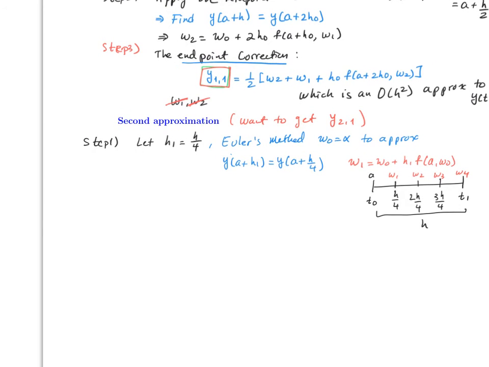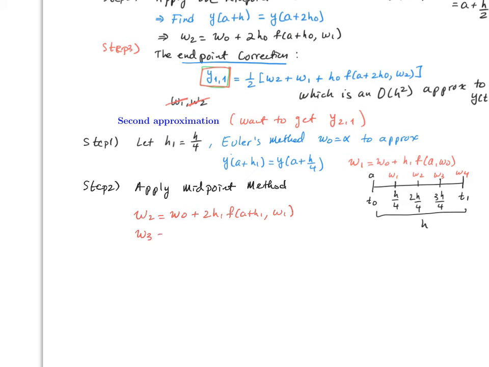Now again, in step 2, we're going to do the same thing. You're going to again apply the midpoint method. If you do that, you need to get W2, which is going to be W0 plus 2H1 f of a plus H1, and then W1.